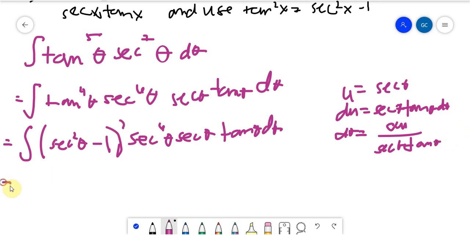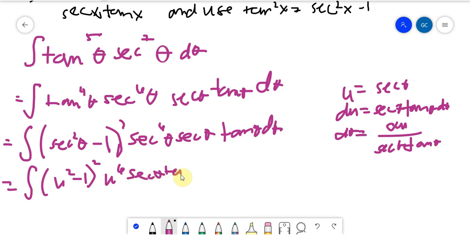So this means it becomes u squared minus 1, squared, times u to the 6th, times secant theta tangent theta, times du over secant theta tangent theta.